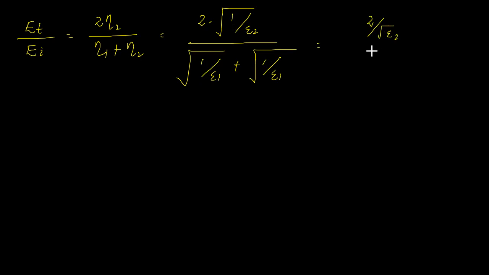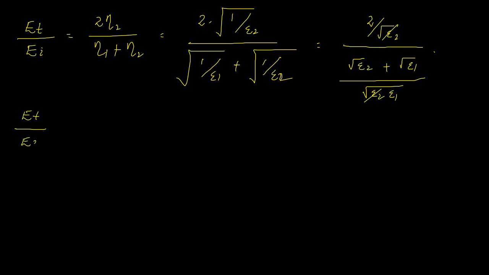Epsilon 2 is common here, so it gets cancelled, and finally ET by EI is 2 square root of epsilon 1 upon square root of epsilon 2 plus square root of epsilon 1.